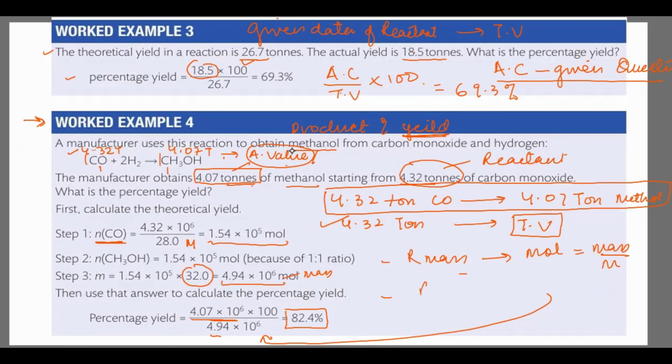Second step, you look at the molar ratio, which is 1:1, so you have the same number of moles of the product as well. Then you multiply the number of moles by the Mr, and you get the mass of the product. This mass of the product is the theoretical value. Now put it in the formula: actual value divided by theoretical value times 100, and you get the percentage yield. I hope it's clear.